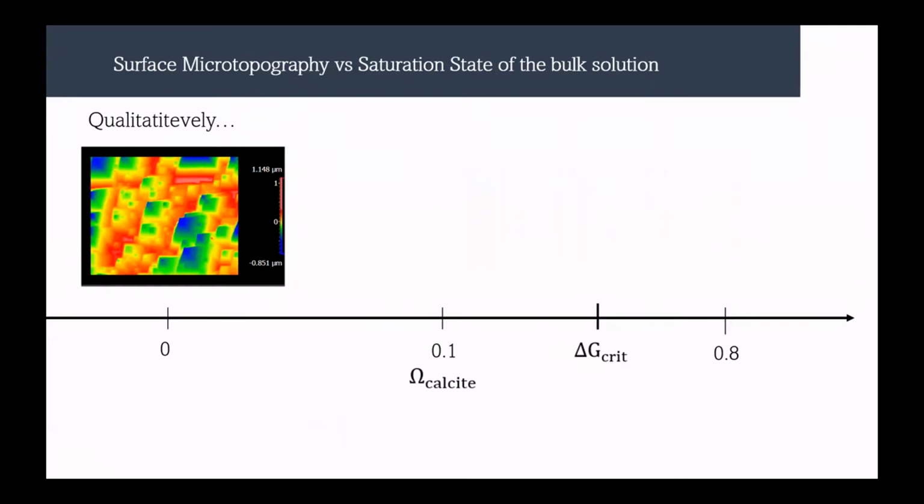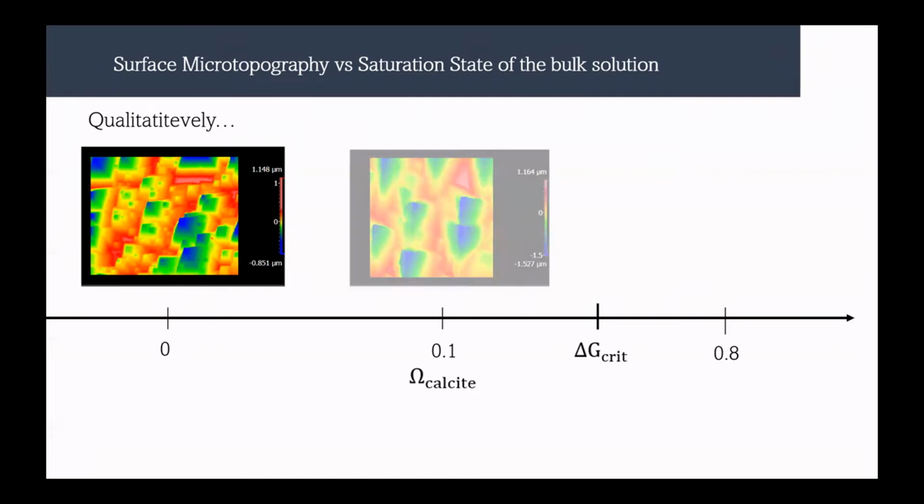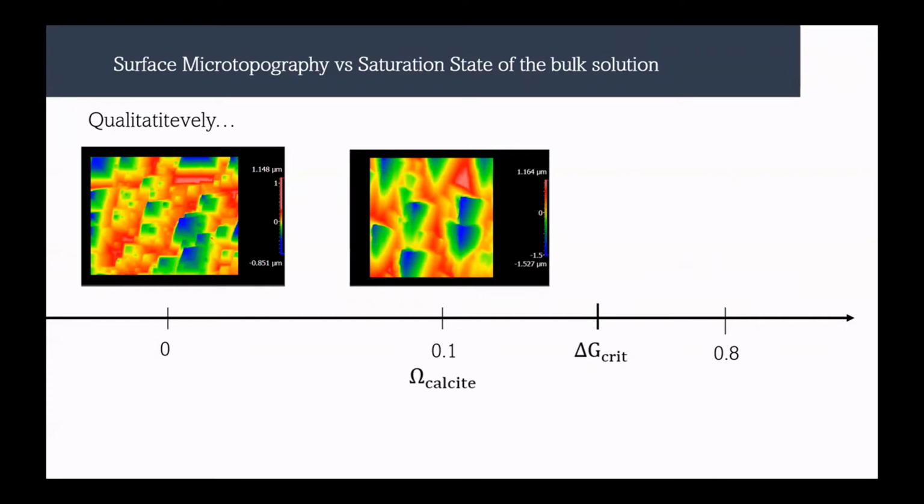that the surface microtopography of a weathered mineral surface is different depending on the saturation state with respect to calcite in this case. At very far from equilibrium, we have the generation of these so-called etch pits. These are perfectly crystallographic etch pits that, in the case of calcite, have a rhombohedral shape. But as we get closer to equilibrium, this shape changes a little bit, and they become more triangular.